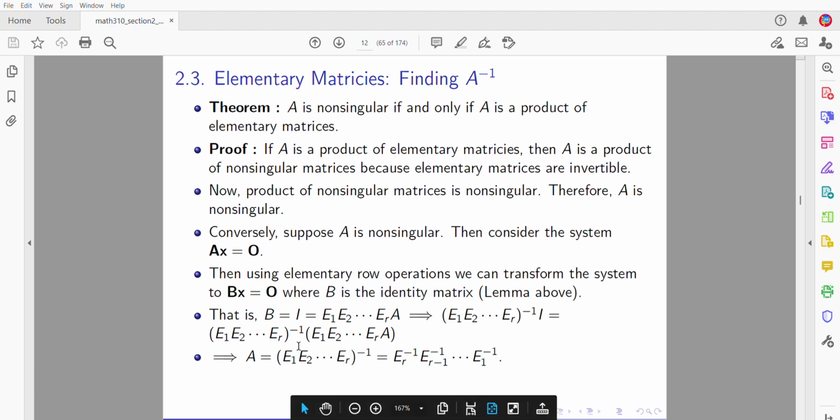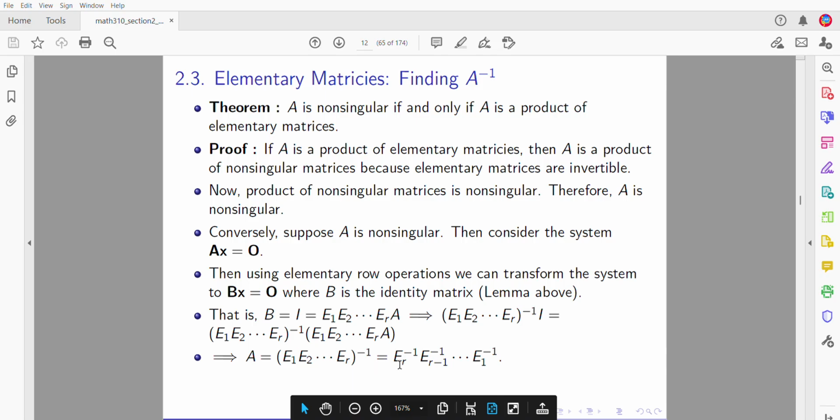Okay, look at this. What happened here? This quantity is the inverse of this quantity. So they cancel each other. You are left with A. On the other hand, you have multiplied this to identity. So that's that. Notice the inverse of a product reverses order.